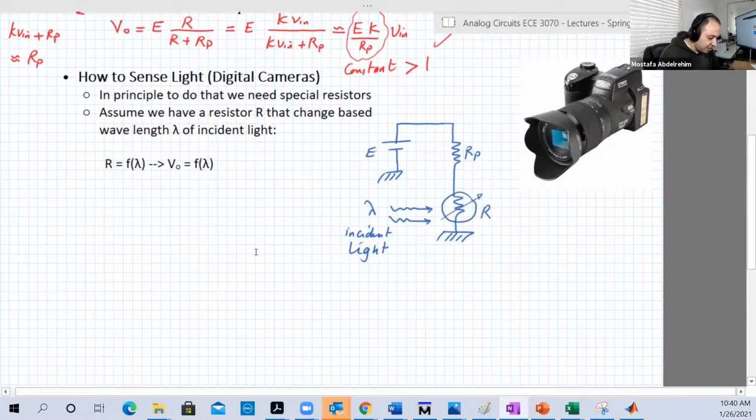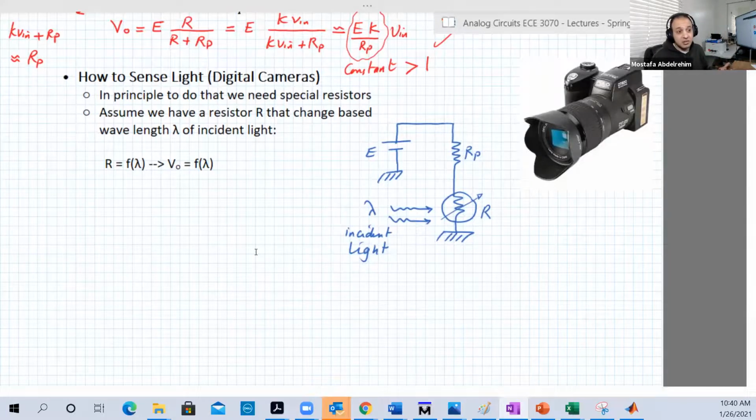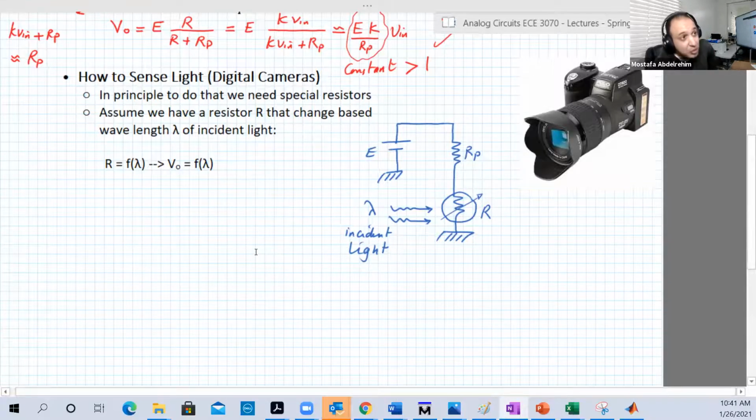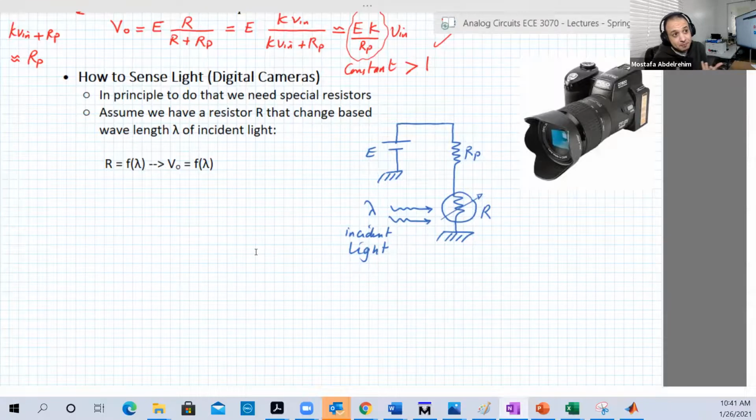let's have another interesting application, which is the digital camera, or how to sense light. Exactly the same principle, but now it's not amplification, it's just sensing. So we said that we need a sensor, and that sensor can sense the light color.